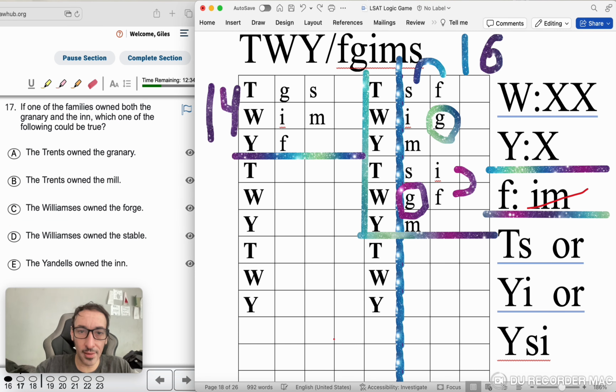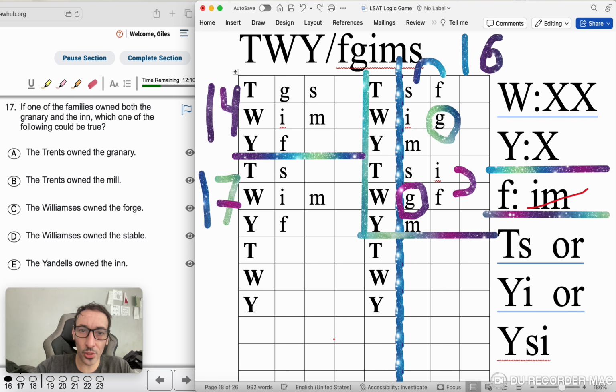Question 17 wants to know if one of the families owns both the G and the I, which of the following could be true? So let's look for a game piece that has G and I together. And if we don't see it, let's go ahead and create one where we can see that G and I are together.